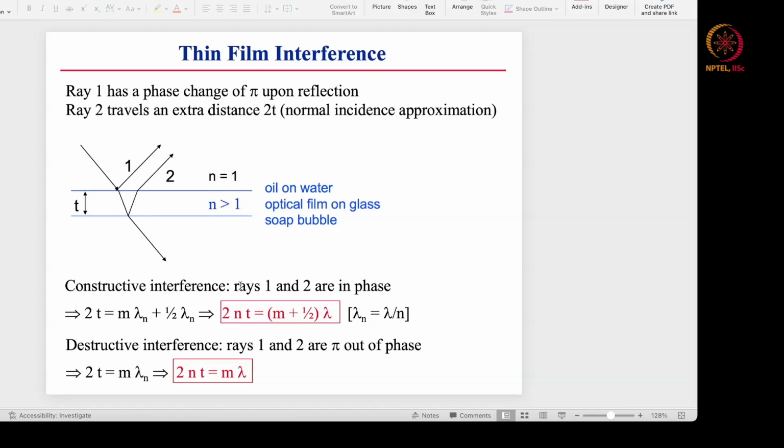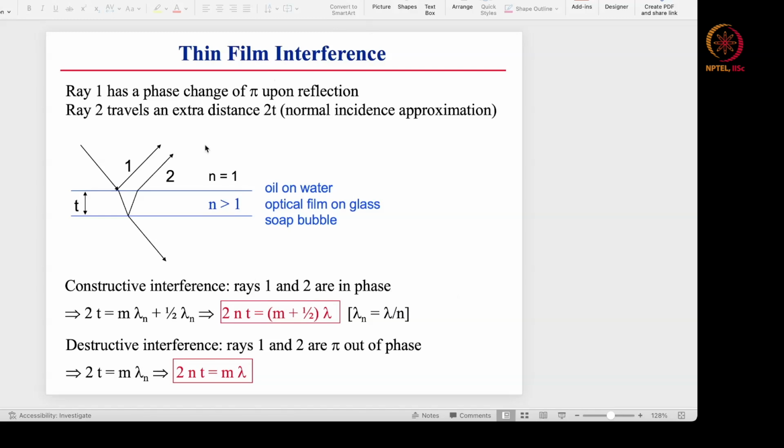Constructive interference happens when rays 1 and 2 are in phase, in other words when the 2t it travels is an integral multiple of lambda_n plus half lambda_n, where lambda_n is lambda divided by the refractive index. So 2nt equals (m plus half) times lambda. This is the constructive interference condition.